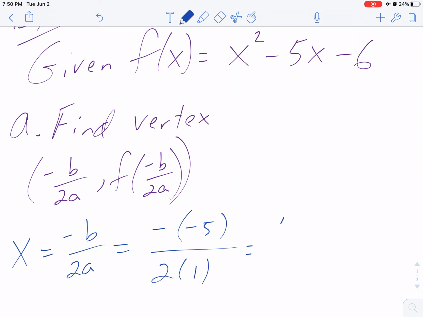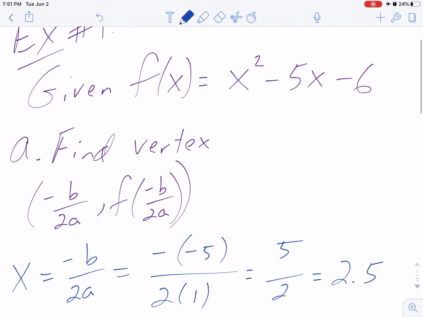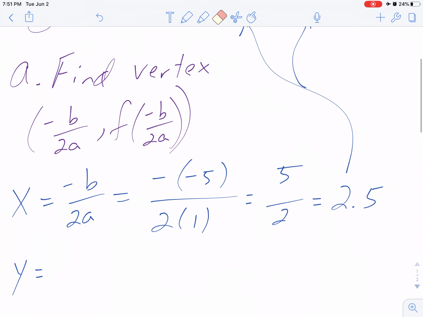So that's going to give us 5 over 2, which is the point where I do prefer decimals, because on the next step, to find the corresponding y value, you're going to plug that 2.5, that 5 halves, in for x. That's what this little expression is telling you to do: find f of negative b over 2a.